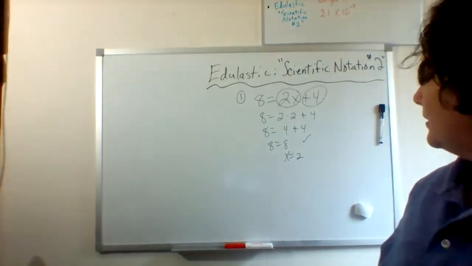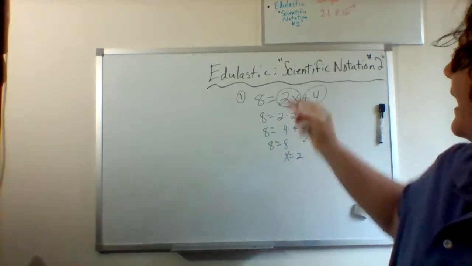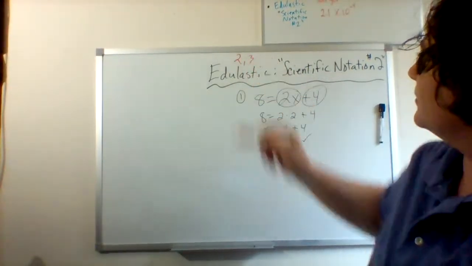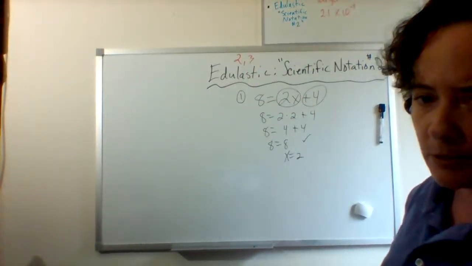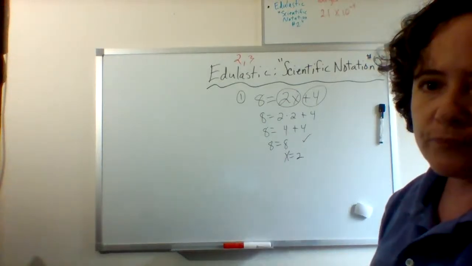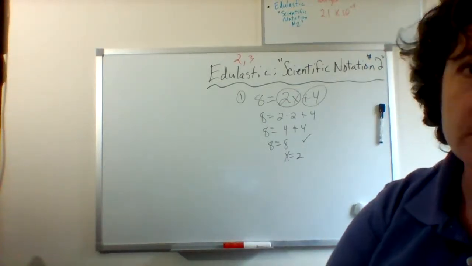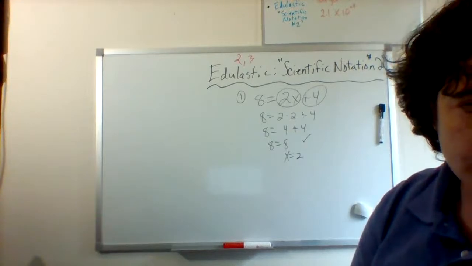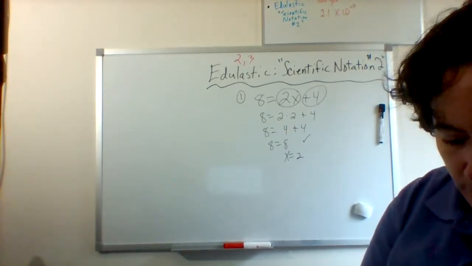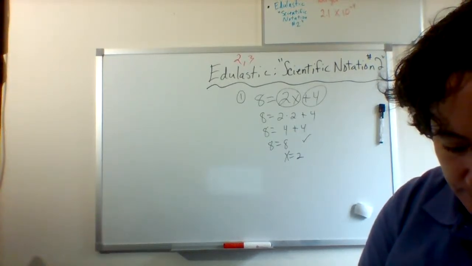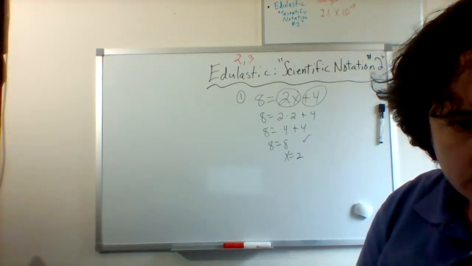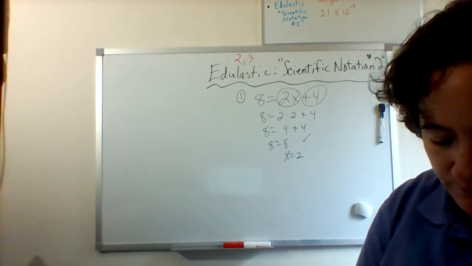All right, let me keep track of this. I have to do number 2 for someone and number 3 for someone. Number 1 is up on the board. And Joshua, you have to do number 4. Number 7.